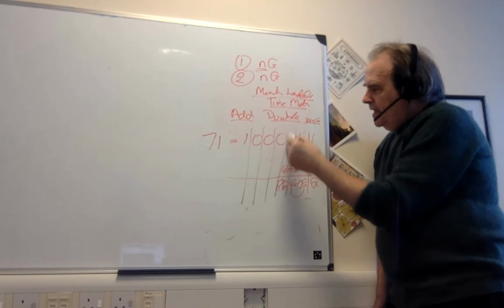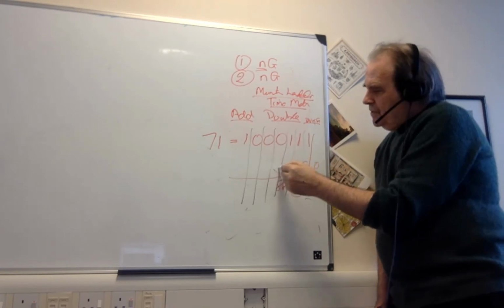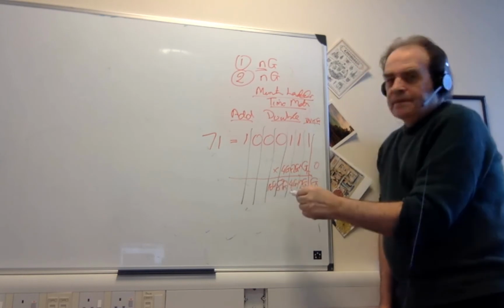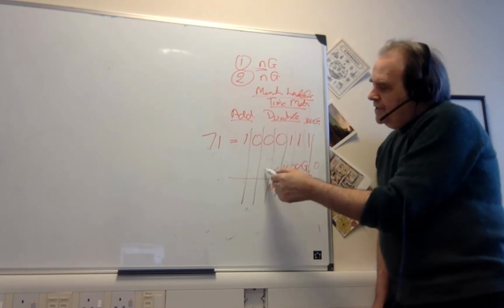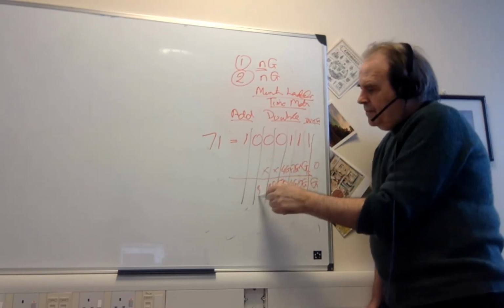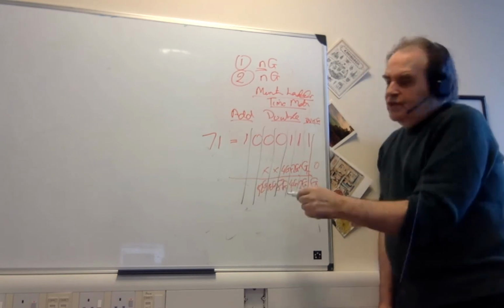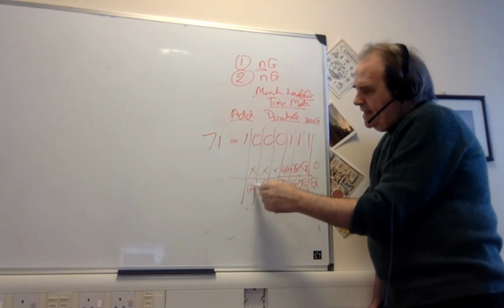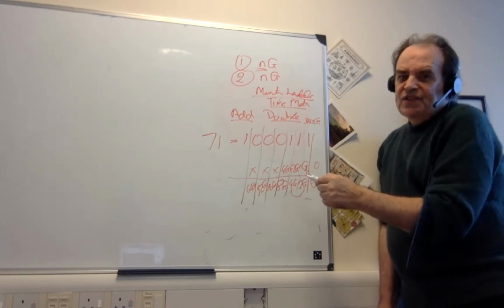Now we get a 0, so we don't add anything, but we'll double the point here. We have a 0 here, don't add, we'll double the point to give us 32g. Here, again, we don't add, but we'll take 64g.